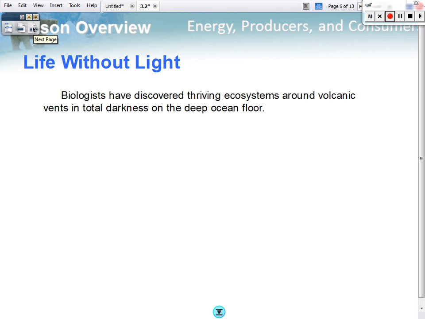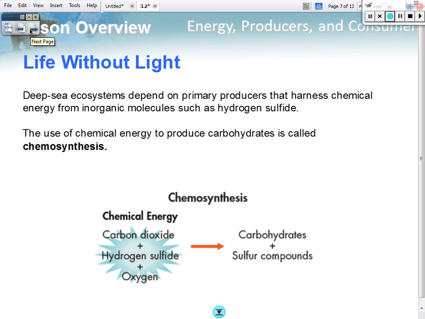Here we go. We have found places in this world where light doesn't get to, and it throws off the whole idea of, wait, I thought light was the start of the energy. There's actually another process that scientists have discovered, which is called chemosynthesis. And remember, synthesis is to make, and then chemo, what's that kind of sound like?